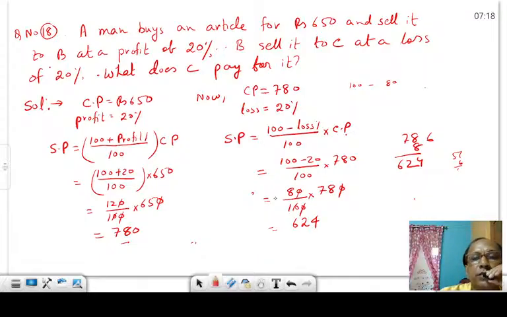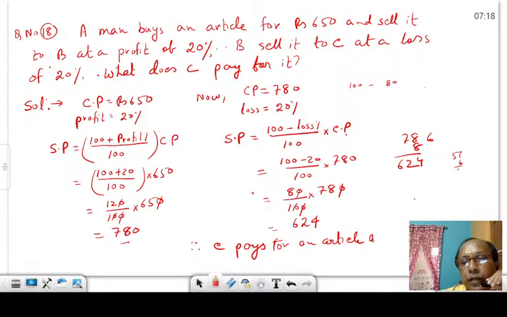That means she buys it for rupees 624. Therefore, she pays for the article rupees 624, and that is the answer, right?